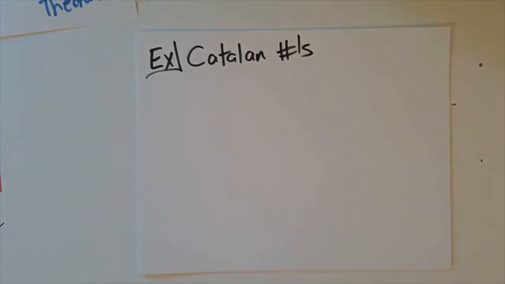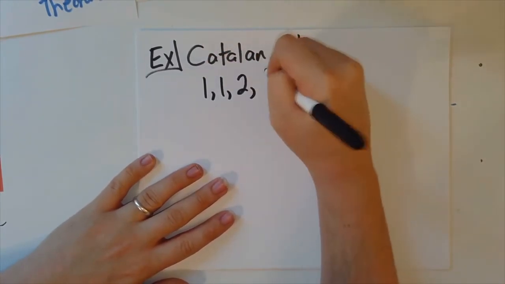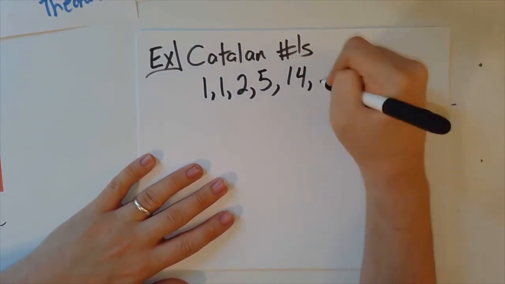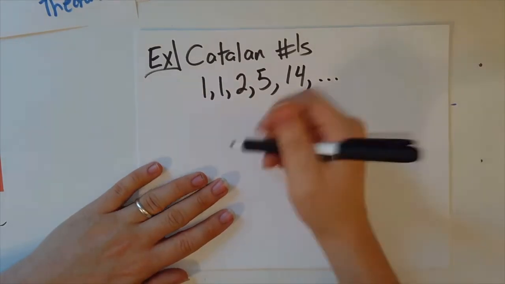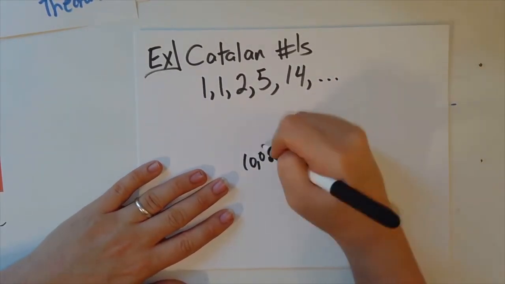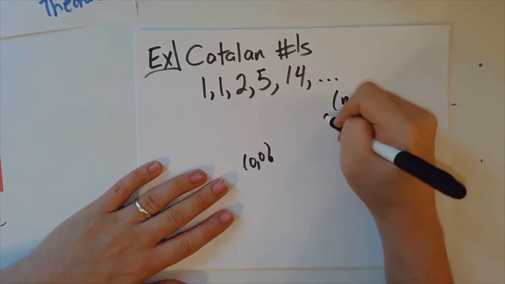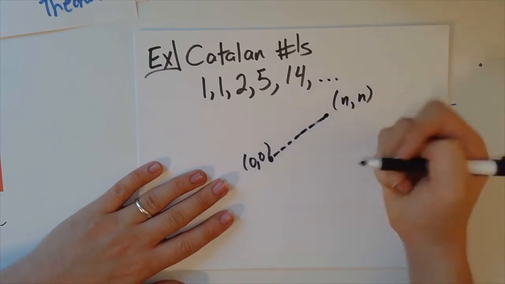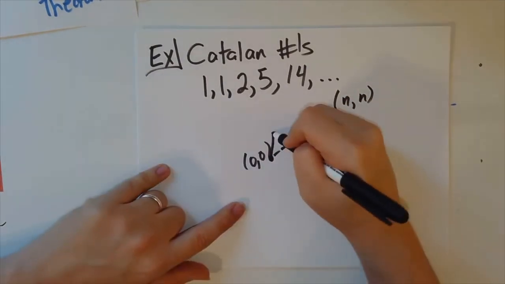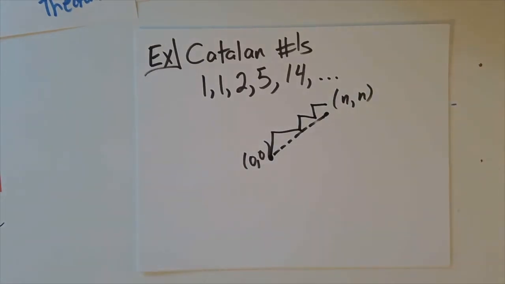Okay, and so the Catalan numbers, their sequence went like this. And you might remember these are the number of lattice paths from 0, 0 to n, n that stay entirely above this diagonal. So we wrote down pictures of that sort or whatever.